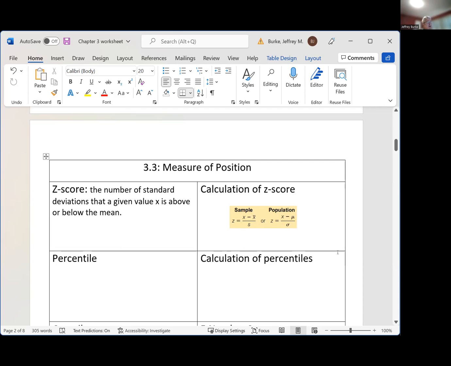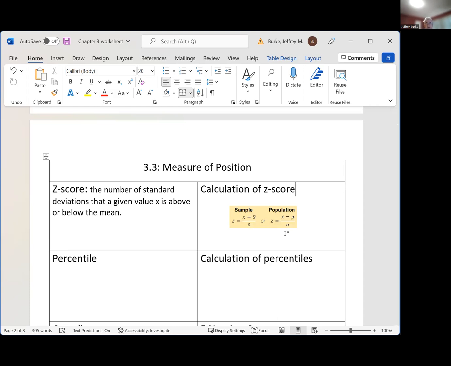If we're looking at the Z-score of a population mean, we're going to look at this letter here. It looks like a U, kind of an M and a U, and that's actually a mu. The mu represents the population mean, and then the sigma, this is lowercase sigma, a Greek letter, is going to represent the population standard deviation.